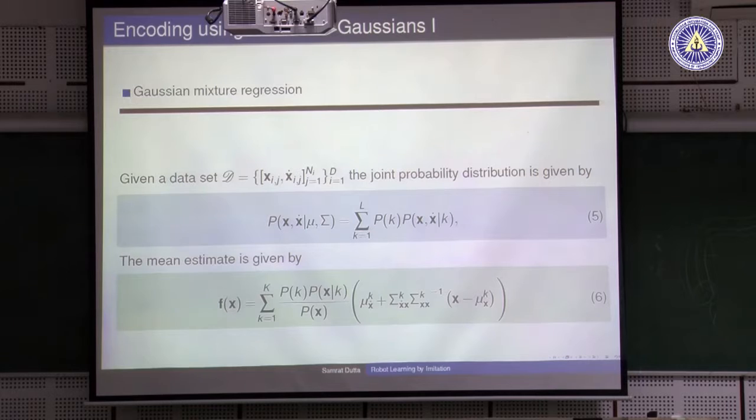We learn this joint probability using expectation maximization. Once we learn the joint probability, we can simply regress it to have the regression model, where f(x) will represent the x dot that I have already shown. This comes from the joint probability distribution, where this is the mean of the kth Gaussian, and these are the variance of the kth Gaussian.